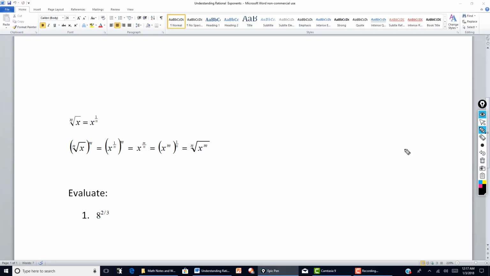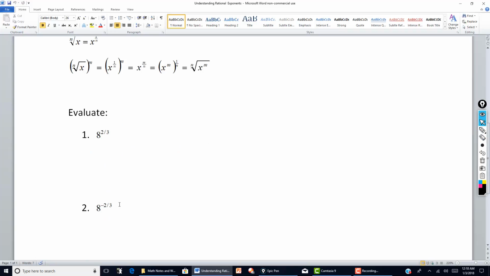Now the next one. If the exponent is negative, the best thing to do first is to write it with a positive exponent. So if it's 8 to the negative 2/3, you can write that as 1 over 8 to the positive 2/3.